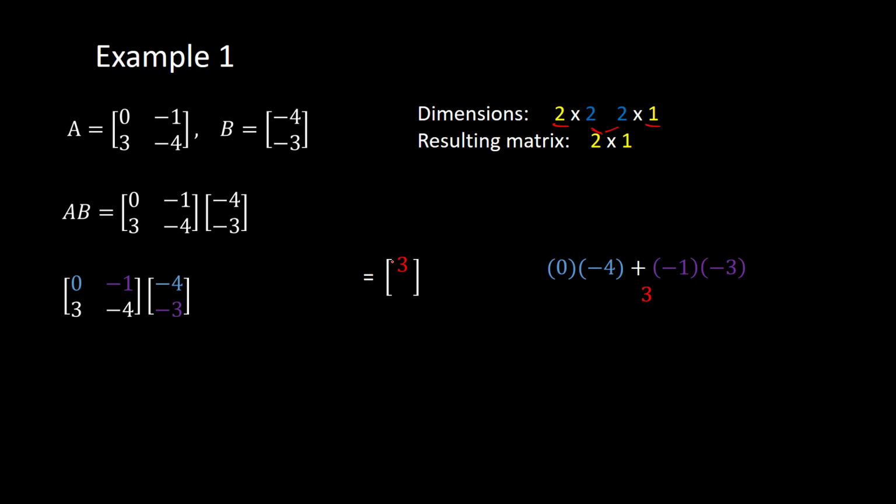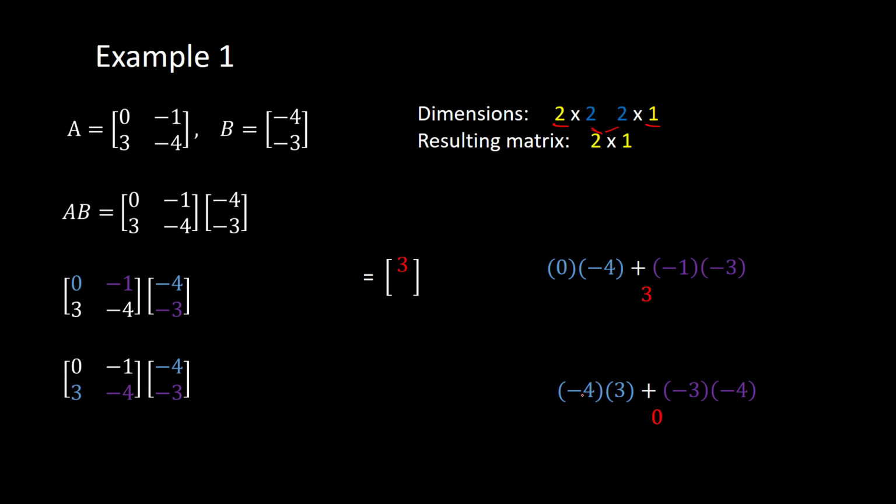And then you repeat and you multiply the second row of the first matrix by the column of the second matrix. Same thing, you're multiplying the first elements of the row and column, and the second elements of the row and column. So -4 times 3 plus -4 times -3 will give you a -12 plus a +12, which would equal 0.